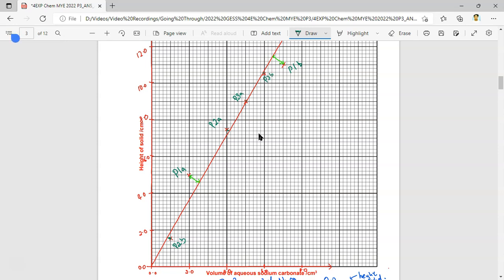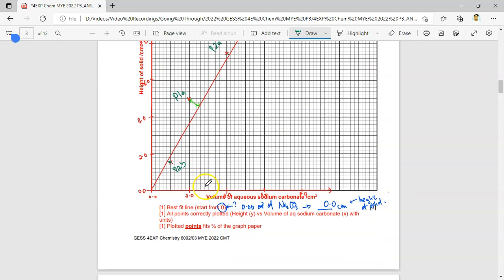So to draw the line of best fit, we are looking at the distance of the points away from the line. The amount of distance above the line should be compensated by the distance below. So that's how we go about drawing the line of best fit. I think you should now have a better understanding of how to draw the line of best fit.